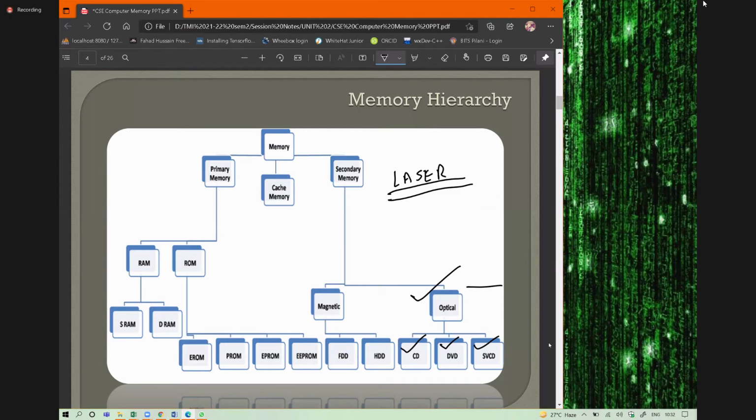Along with that, we now have the Blu-ray disc. Have you heard about the Blu-ray disc, which stores almost 200 GB of data or more? It is just like a CD, but with very huge capacity, like a multi-layered DVD. That's why we can store 200 to 300 GB of data on a Blu-ray disc, but it is very, very expensive.